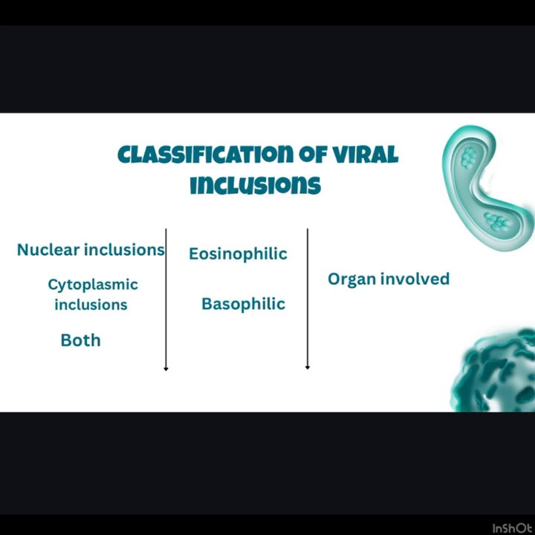Most commonly they are classified as nuclear inclusions or cytoplasmic inclusions or both. You can also classify them based on whether they are eosinophilic or basophilic, or based on which organ they usually involve. We'll stick to the nuclear, cytoplasmic or both classification for easy understanding.